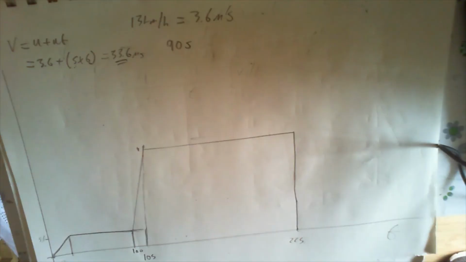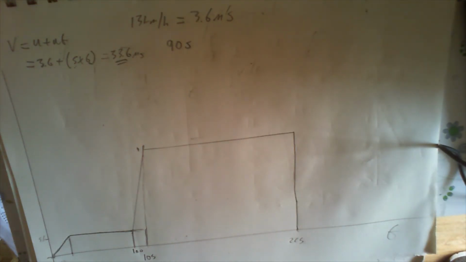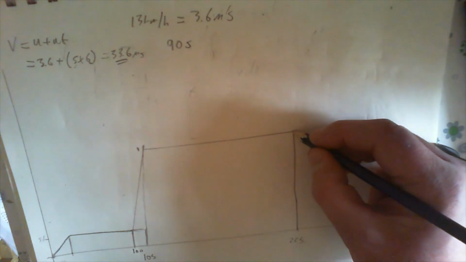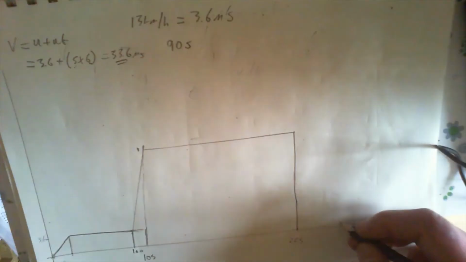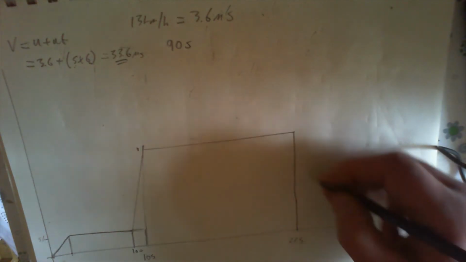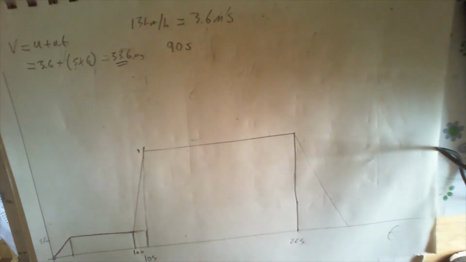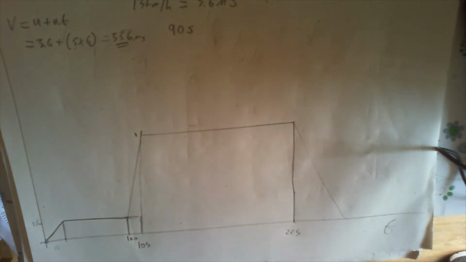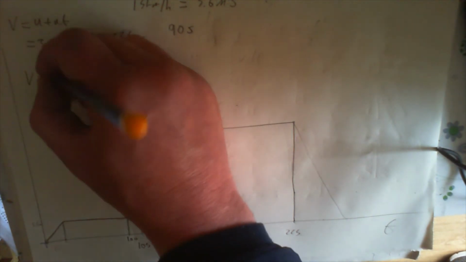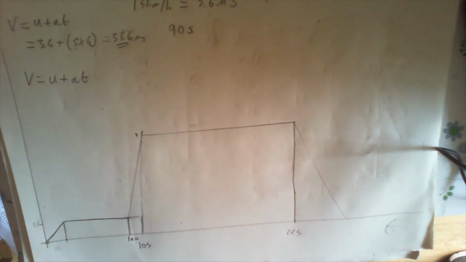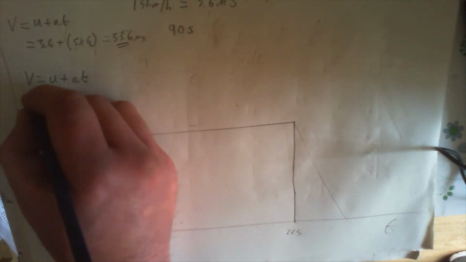and then I'm assuming he's going to come to a stop at a rate of 2.5 meters per second. Right, so we've got an initial velocity and a final velocity somewhere down here, right? So again, we'll just use v equals u plus at. Final velocity is 0. Can you see that? Yep.